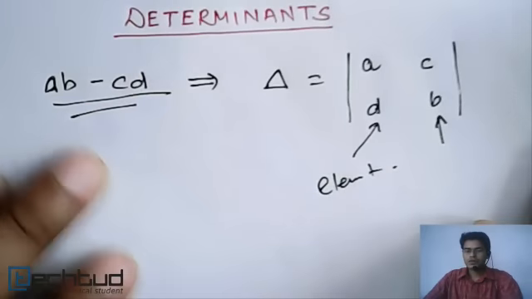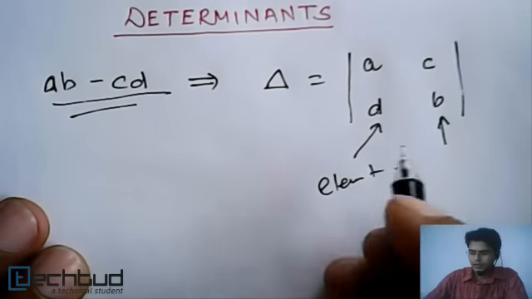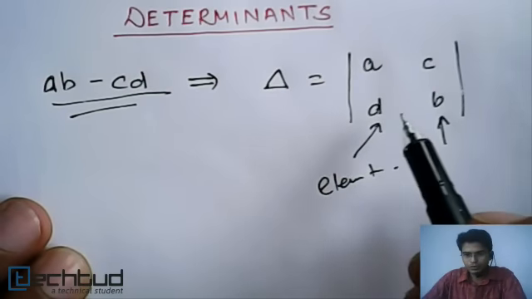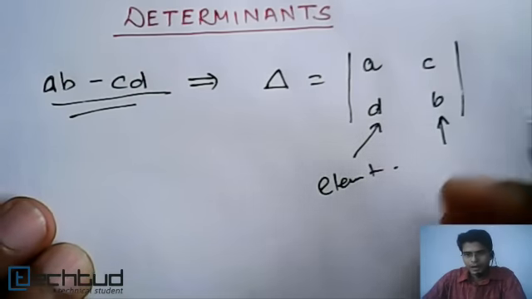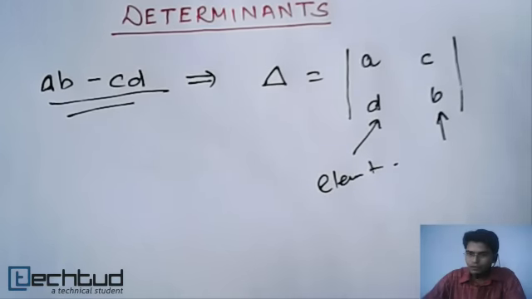Okay, so how do we solve the determinant? If the determinant is 2 cross 2, and one important thing about determinant is it will always be of square size. The number of rows will be equal to the number of columns, meaning it will be a square.